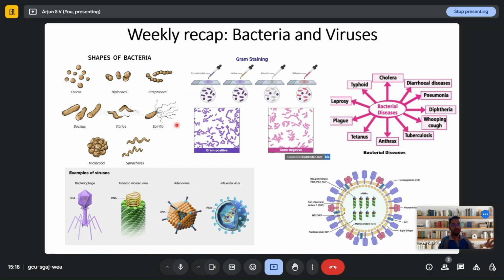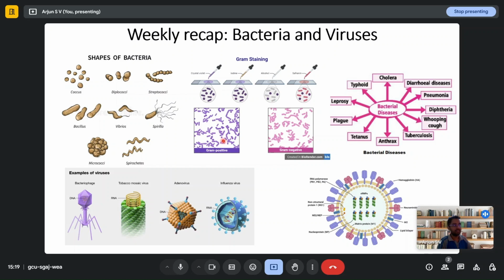And he also explained how the bacteria were broadly divided into two categories, gram positive and gram negative bacteria. There was a demo on how to perform gram staining as well, which usually involved administration of crystal violet stain and iodine, after which we wash it with alcohol and put a counterstain called safranin.